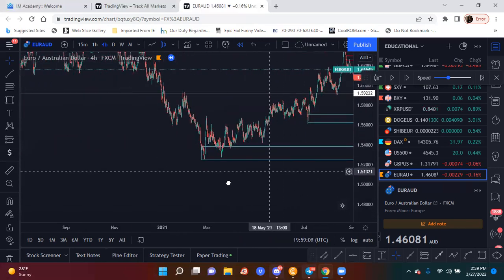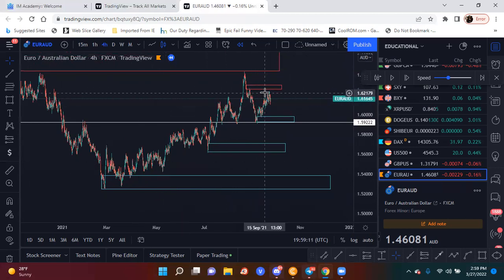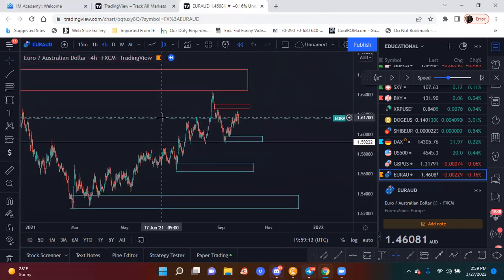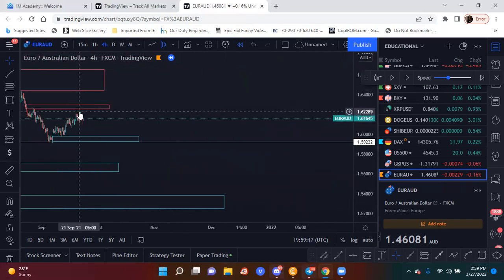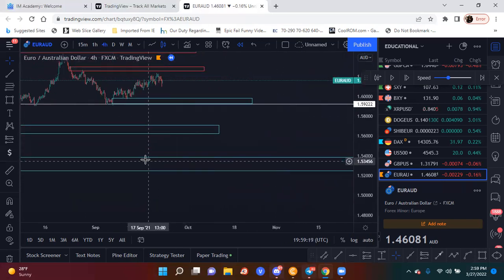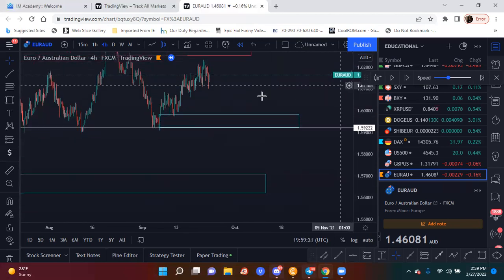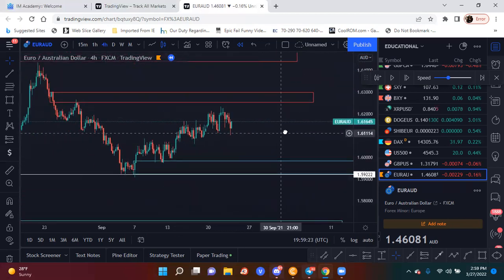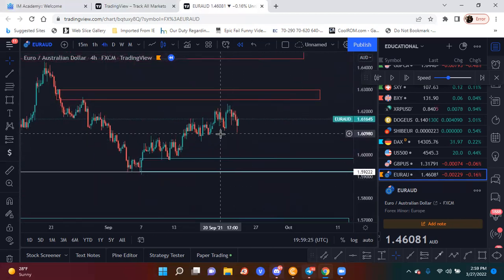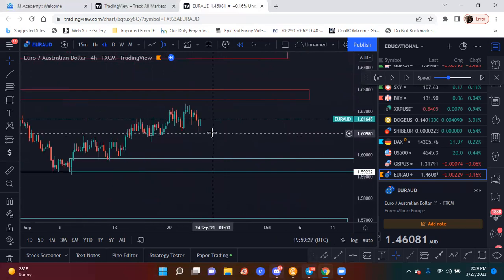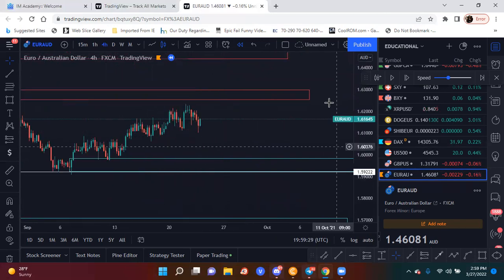So that's a major demand zone probably. Usually when I'm on the H4 and we've got a higher time frame demand zone, I'm looking for sells, and I'm gonna take it to the major demand zone off the supply. So let's see what happens. Right now, I'm not getting in. Don't really see anything right now. So let's see what happens.